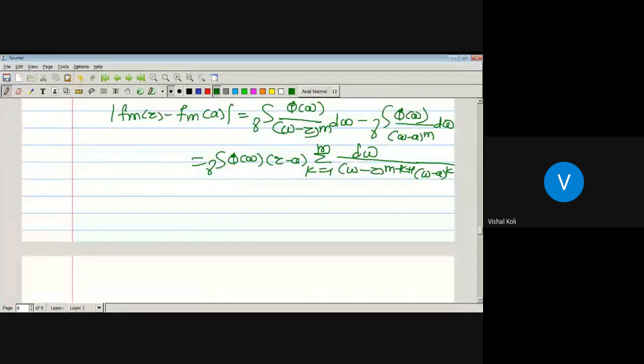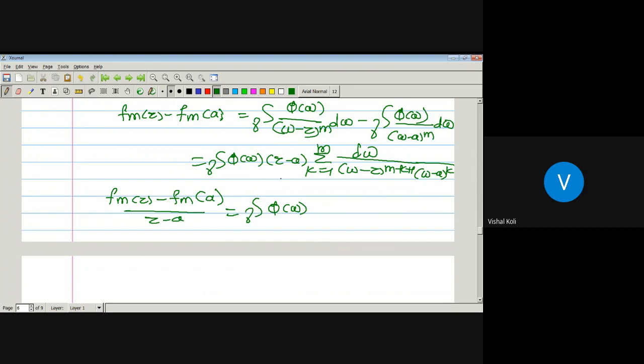Now, as z is a point which does not belong to the trace of gamma, a is also a point which does not belong to the trace of gamma. So as z is tending towards a, we have to divide both sides by z minus a. Just consider fm of z minus fm of a; there is no need to take modulus. So fm of z minus fm of a divided by z minus a is equal to the integral over the curve gamma of w into the summation k running from 1 to m.